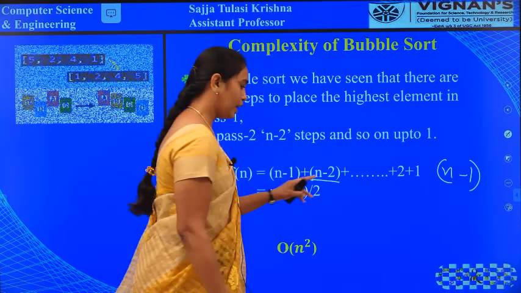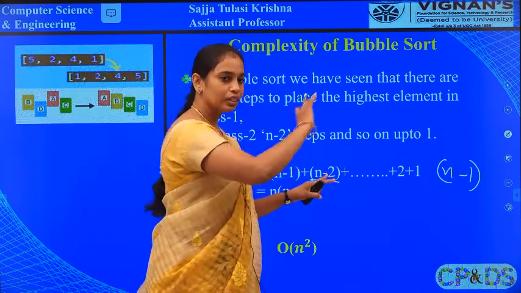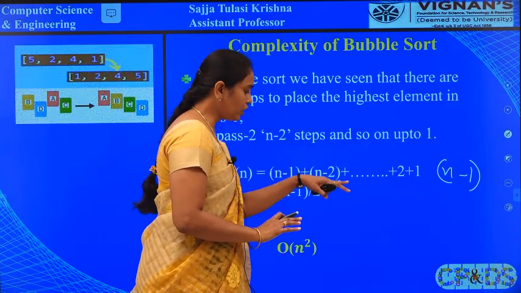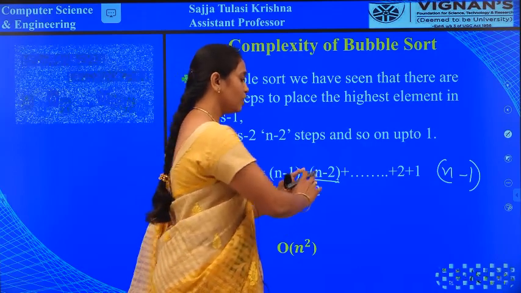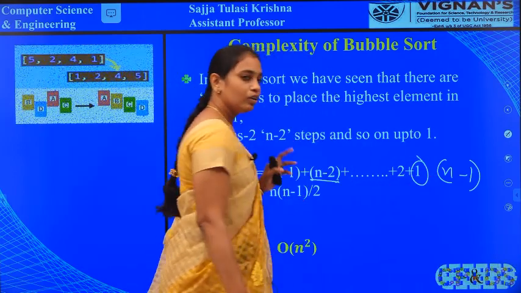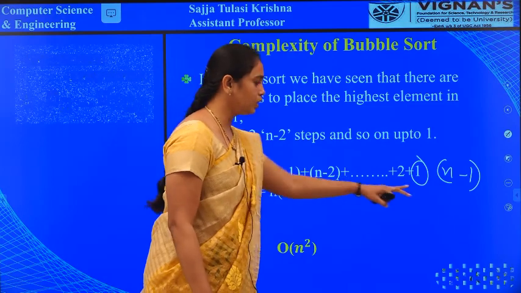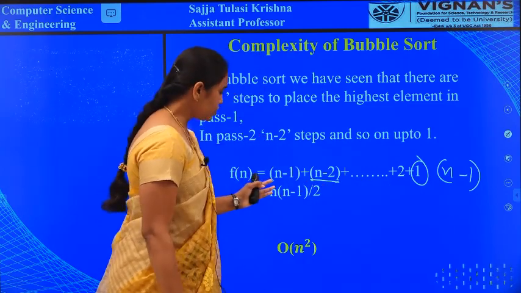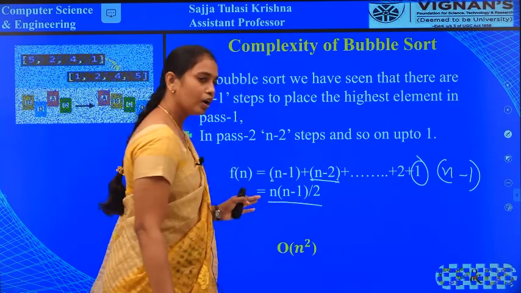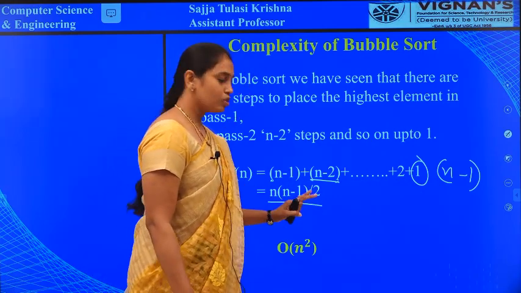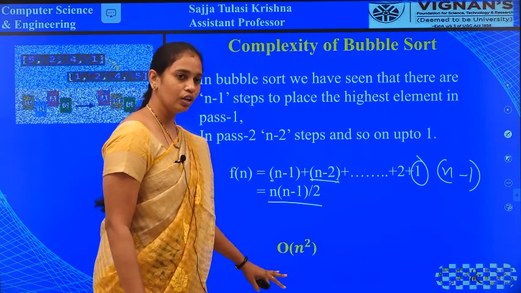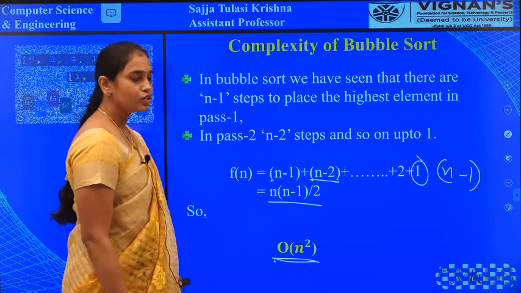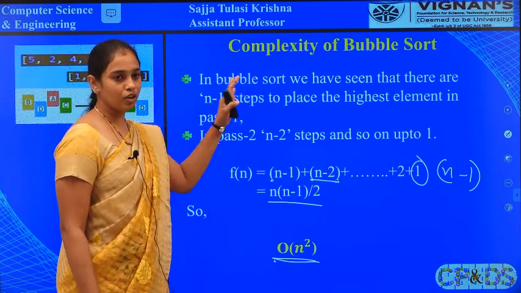After that, n minus 2 elements, because one element is placed after the first pass, so we need to compare n minus 2 elements. Likewise, up to a single element, we have to complete all the passes. So this gives the formula n into n minus 1 by 2. We have to convert this into notation, so big O of n square is the complexity of bubble sort.